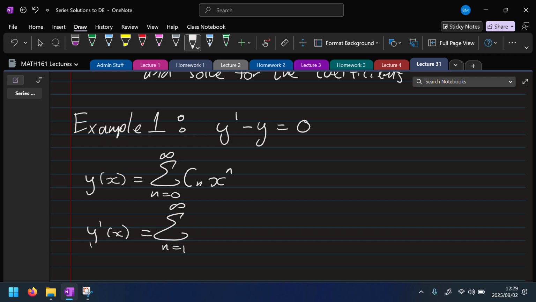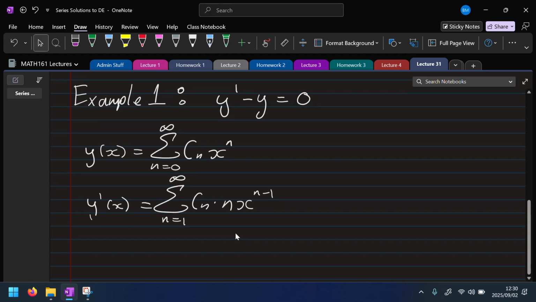N goes from 1 to infinity. So we'll start from 1, because the first term is a constant, the derivative of a constant is 0. So now we start from 1. Then we've got Cn, that's just a constant, it's not going to do anything. Now the derivative of x to the n, take the n down, subtract 1. So this will be times n, x to the n minus 1. Okay, so you just do it term by term.